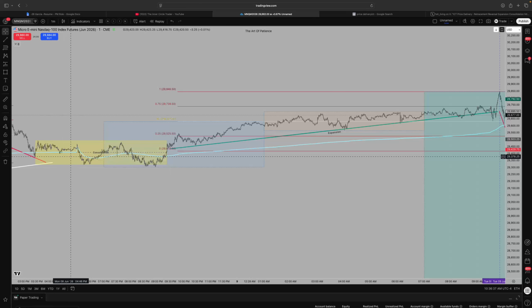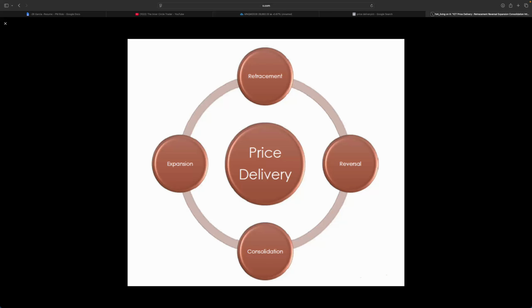So once you work on identifying consolidation, you know that from consolidation it's always going to be expansion. Consolidation, expansion, and after expansion, it can be a retracement or it can be a reversal. It will never go from reversal back to retracement.